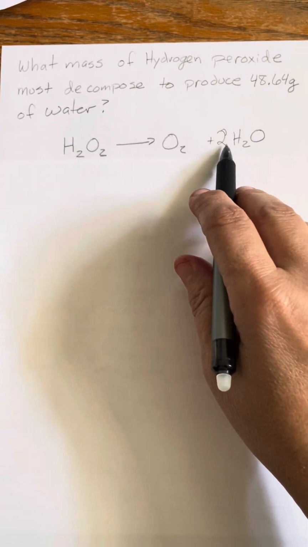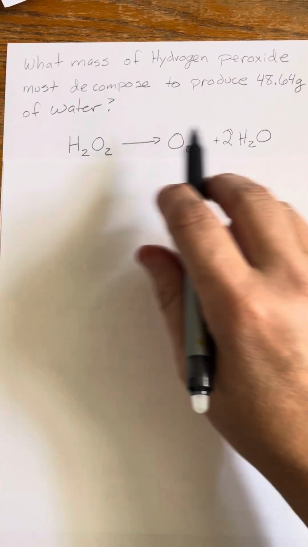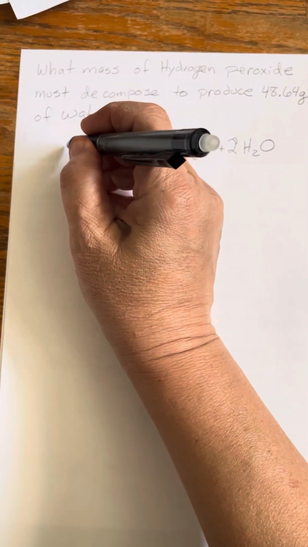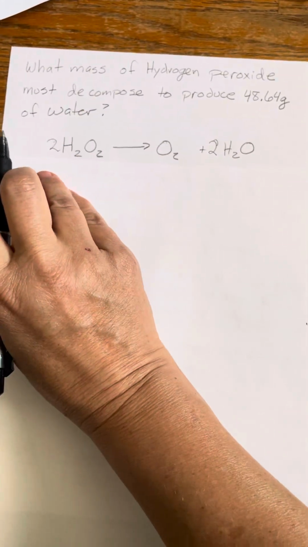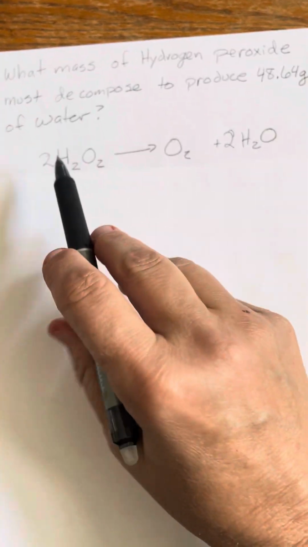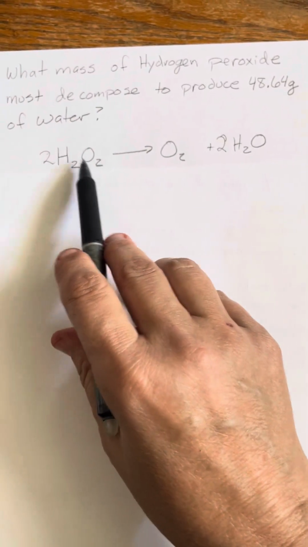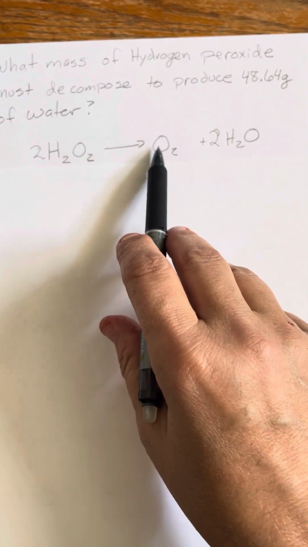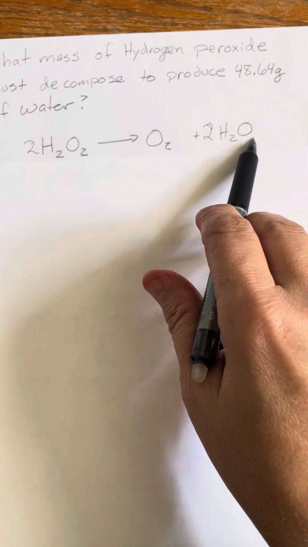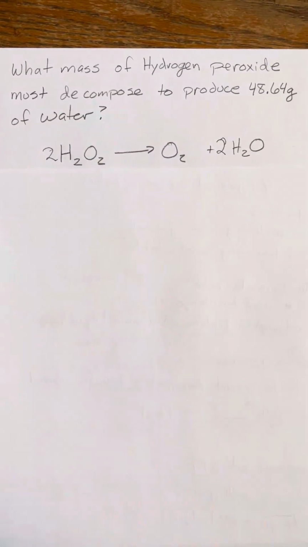That means now I've got 4 hydrogens, so I'm going to put a 2 over here to make 4 hydrogens. Now let's check this. 4 hydrogens, 4 hydrogens, 4 oxygens. How many oxygens do I have? 2, and then 2 oxygens for here. That says 4. So this is your balanced equation.